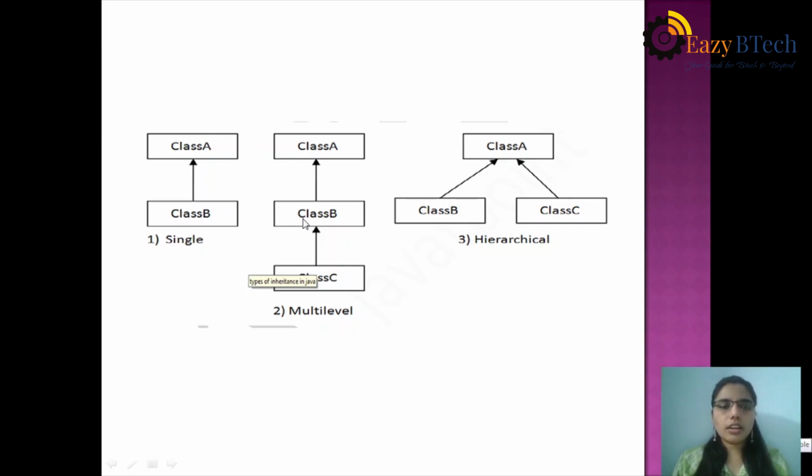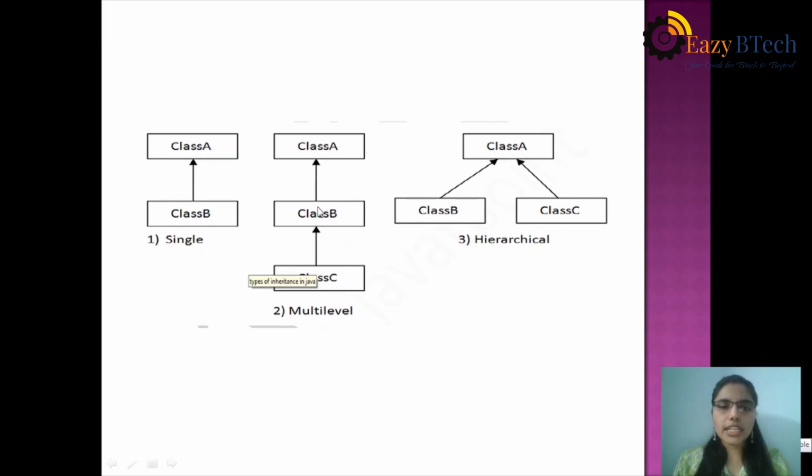Coming to the next one, that is multi-level inheritance. In multi-level inheritance, there are 2 or more classes. Here, class A is a superclass. Class B acts as a superclass as well as a subclass. Whenever class B extends the properties of A, it acts as a subclass.